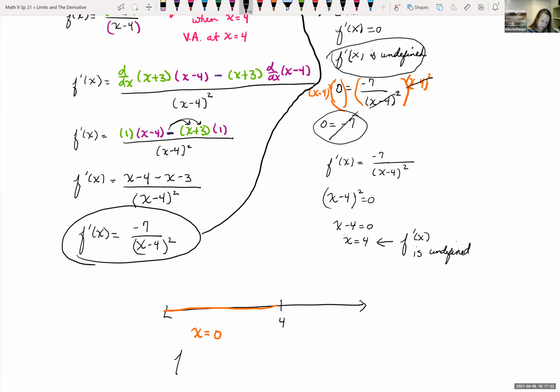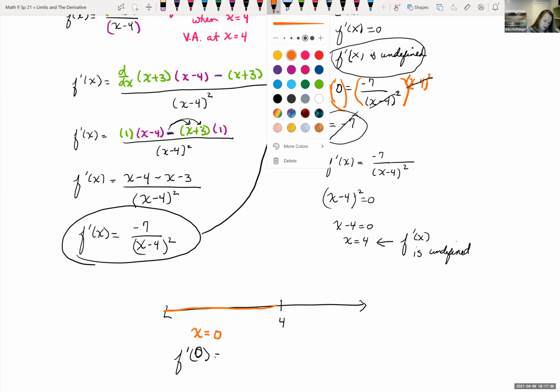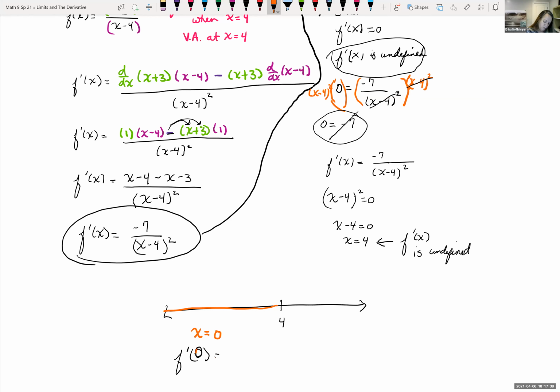And so we're looking at this f prime of 0 is equal to, plugging in here, we have -7 all over 0 minus 4 quantity squared.